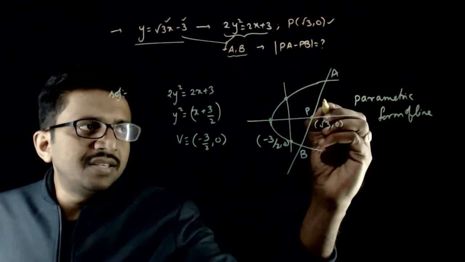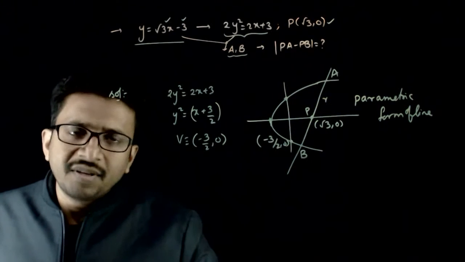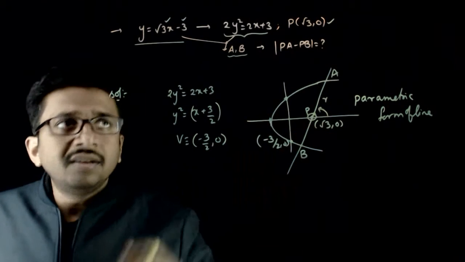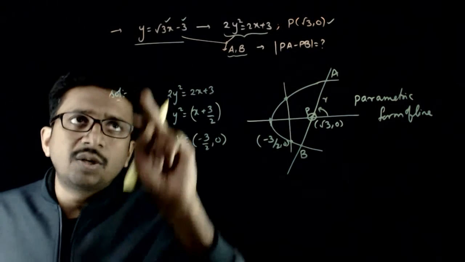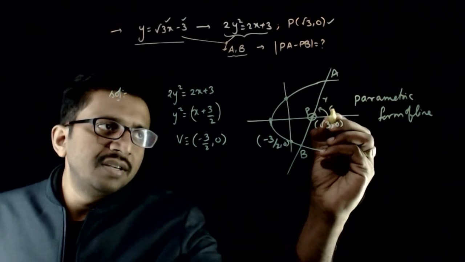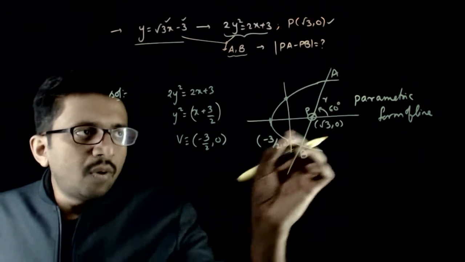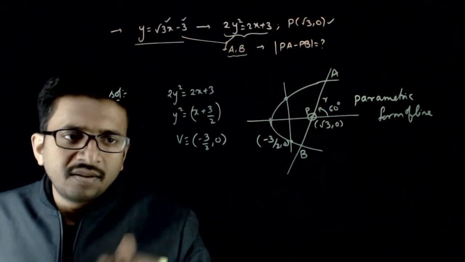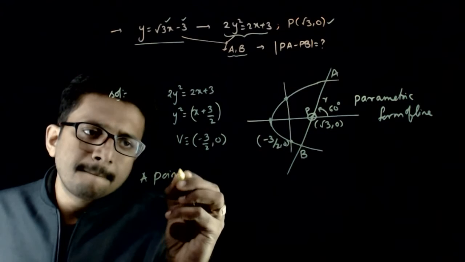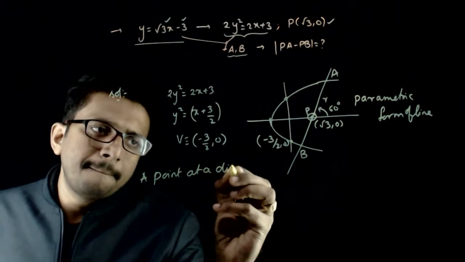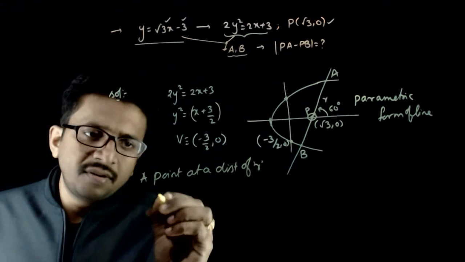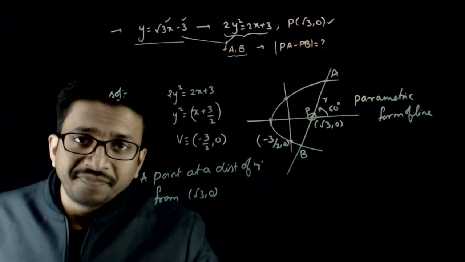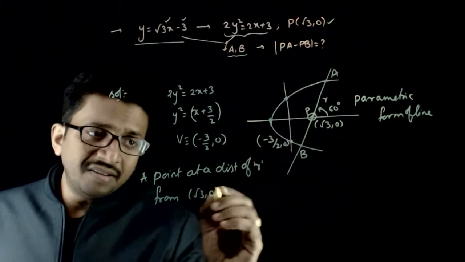So let us say that this distance is r, starting from P (root 3, 0). And what is this angle? Because y is equal to root 3x minus 3, the slope is root 3, which means this angle is 60 degrees. Now what is the general point on this line which is at a distance of r units from (root 3, 0) in the direction of this line?